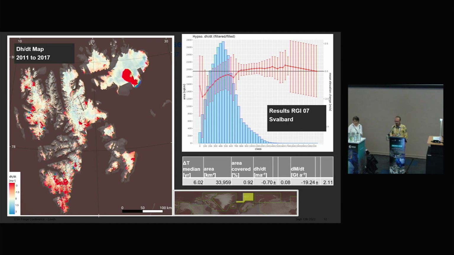I also want to comment that the ice caps Austfonna and Vestfonna are more or less stable, apart from that one surge that is also depicted here in Austfonna. And you can also see that we're not fully done with coverage here, and some parts are still missing.